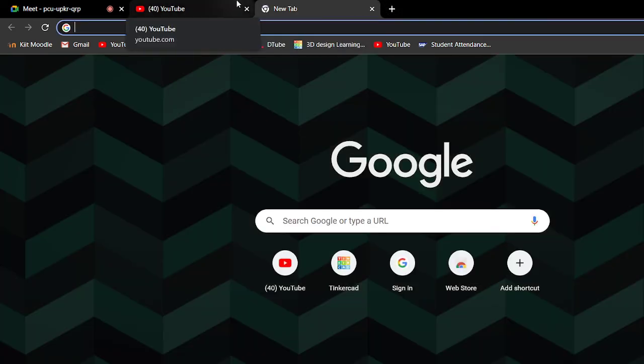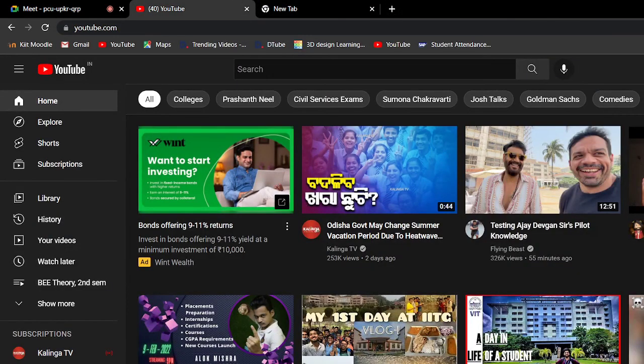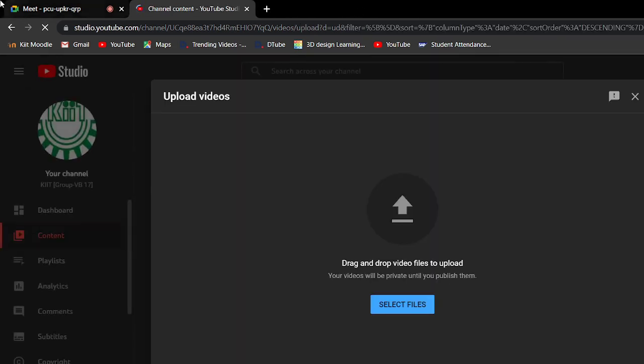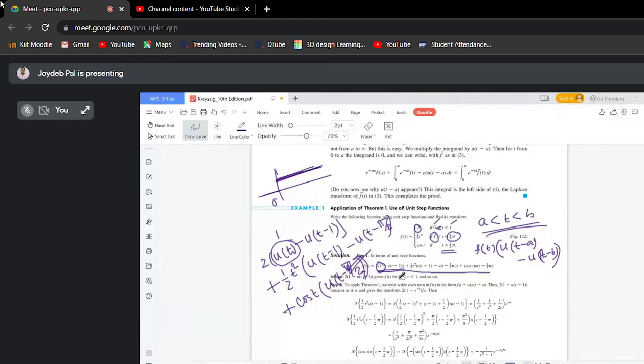So for t greater than 0 that value is 1, so instead of u(t) you can also write 1. Do you get it? Why they have written 1? Yes, sir. If you are not satisfied with 1, then you can replace it by u(t). No issue.